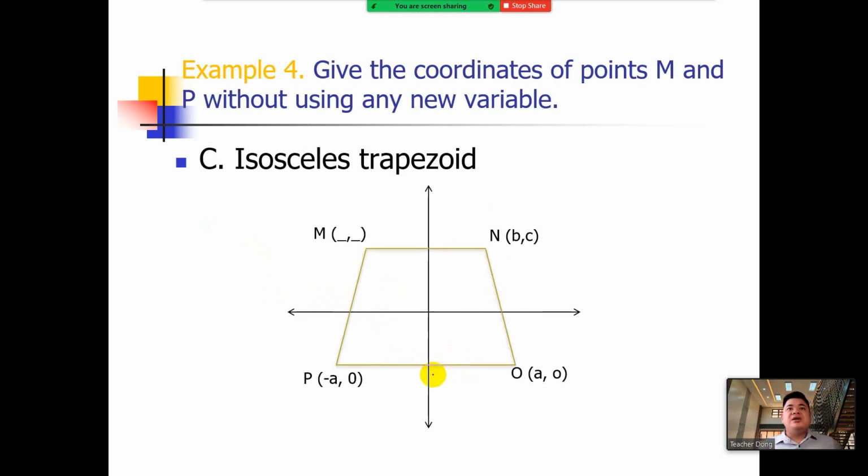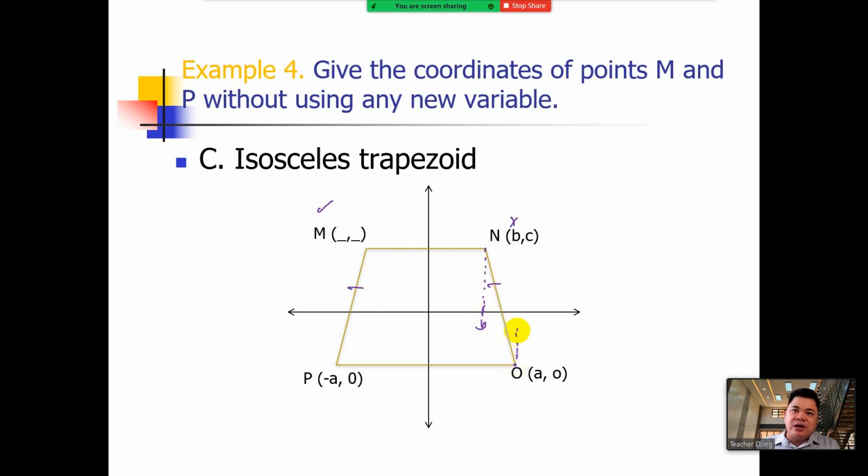Now let's proceed. Give the coordinates of points M and P without using any new variable: isosceles trapezoid. When we say isosceles trapezoid, one pair of opposite sides are congruent. Now, where are we going to get the answer for point M? Identify this point, and draw a mark going to the x-axis. This x is b. And here, this is the other point.